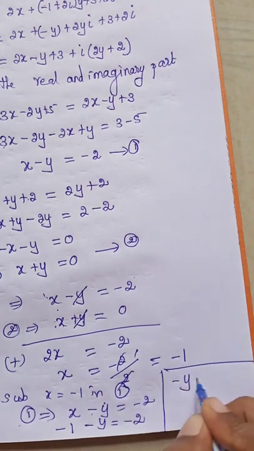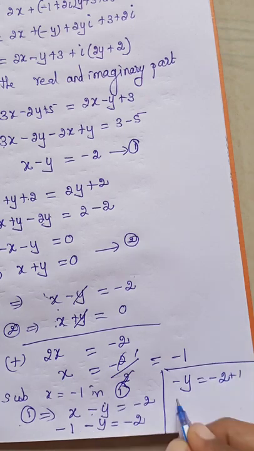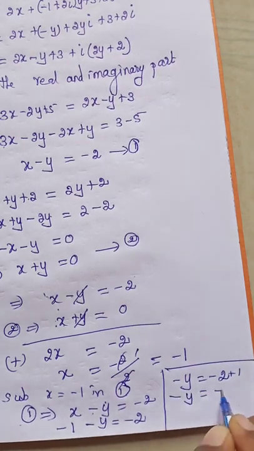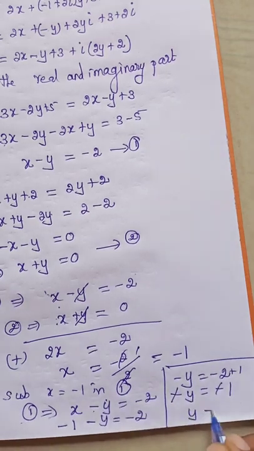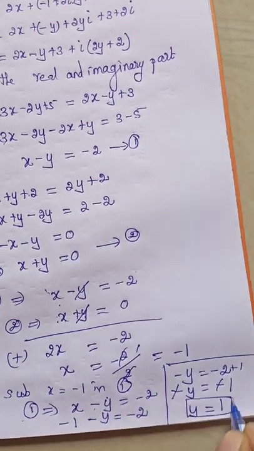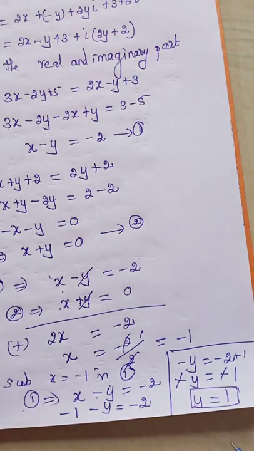Or minus y is equal to minus 2, minus 1 when it comes to the next side, plus 1. So minus y is equal to minus 1. Both minus and minus will get cancelled. We will be getting y is equal to 1. So for this problem, the answer is x equal to minus 1 and y is equal to 1.